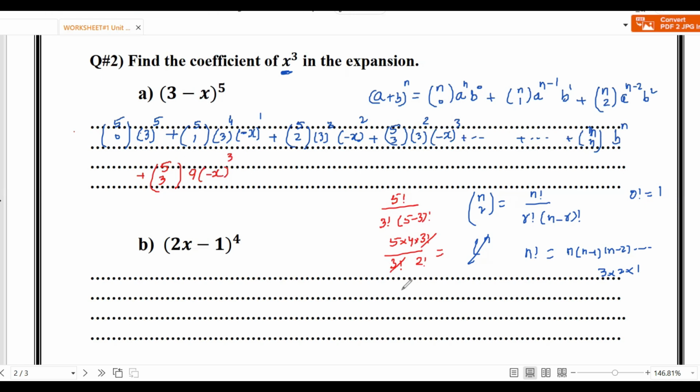That means 5 into 2, which is equal to 10. So here 10 multiplied by 9 is 90, and plus, minus, minus. So 90x power 3. It means the coefficient of x cube is negative 90. This is our answer.